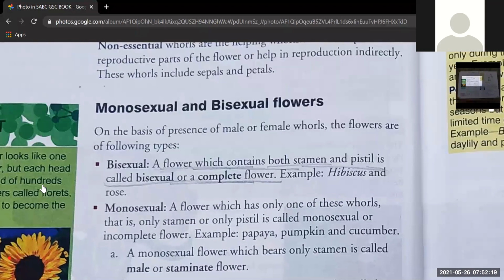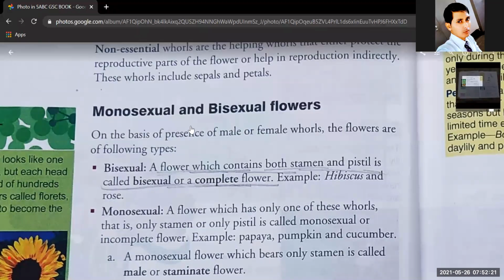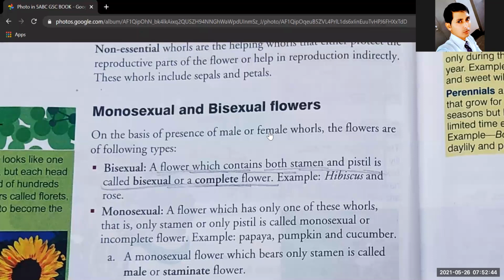Yes, sir. Okay, now let us discuss monosexual and bisexual flowers. On the basis of presence of male or female whorls, the flowers are of the following types. Let us try to understand here. What is written? On the basis of presence of male or female whorls. You understood what male whorls and female whorls are?